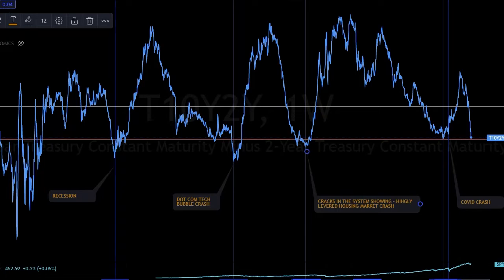When you're giving your money to someone for a longer period of time and locking it in for a longer duration, you should be getting a higher return on investment, or a higher return on capital. And that is not the case. That's the scary sign: it's not showing much confidence in the long-term efficacy of the economy. It's showing that there's potentially a slowdown on the horizon, and it's generally a very bearish indicator for the markets.